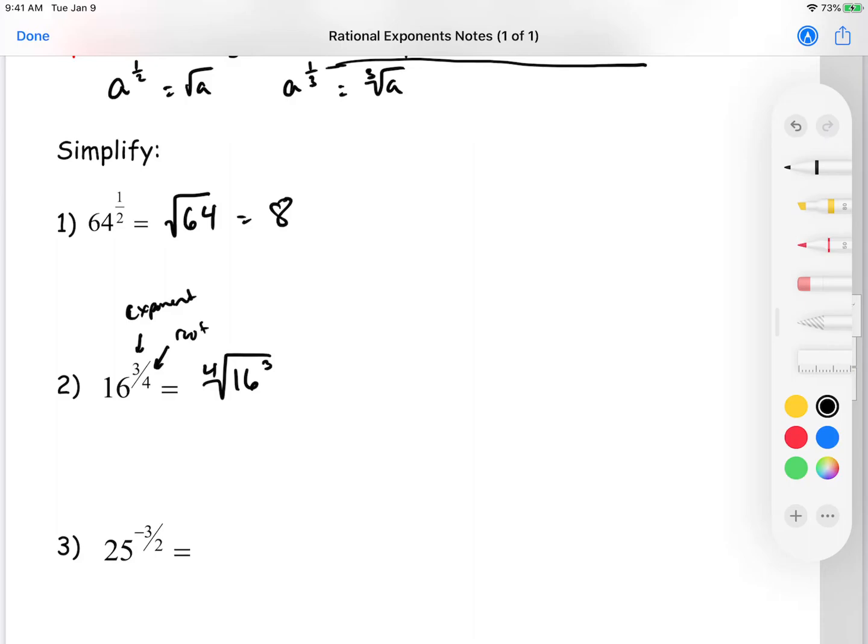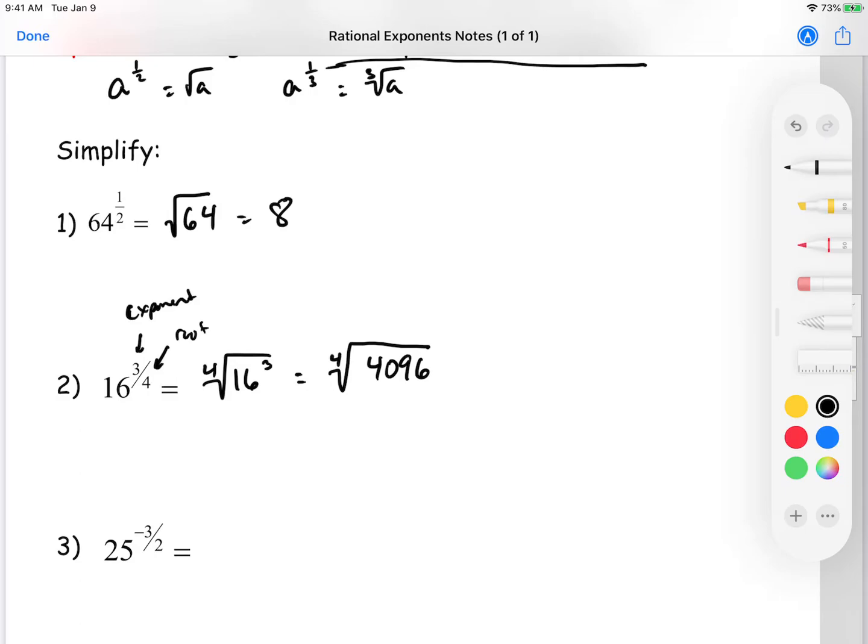Does that make sense? So when we simplify this, the first thing we want to do is go, well, what's 16 to the 3rd power? 16 times 16 times 16, and this is going to equal 4,096.